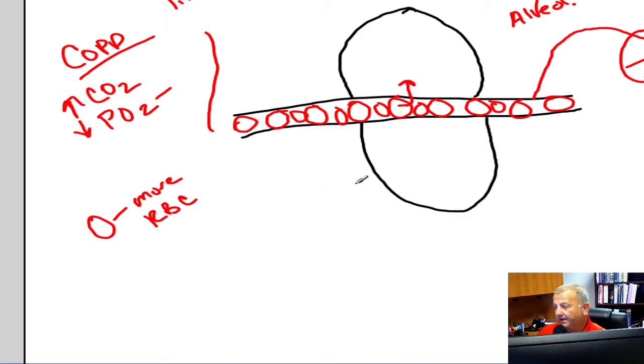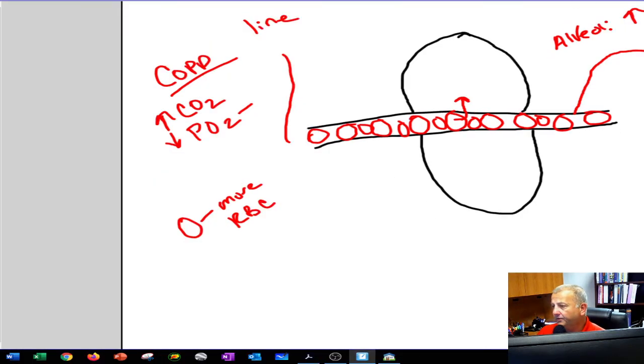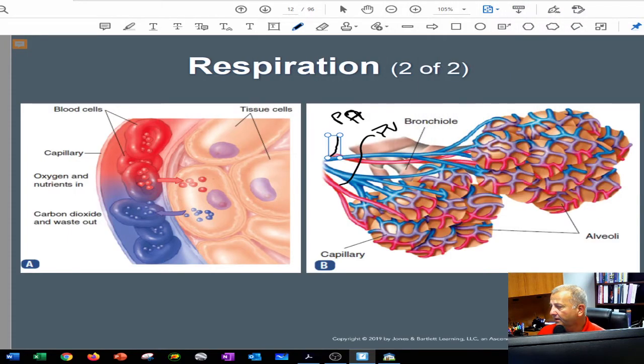All right, let's talk about hypoxic drive. Hopefully everybody knows that remember earlier when I said the brain sends the stimulus to breathe, and it does.